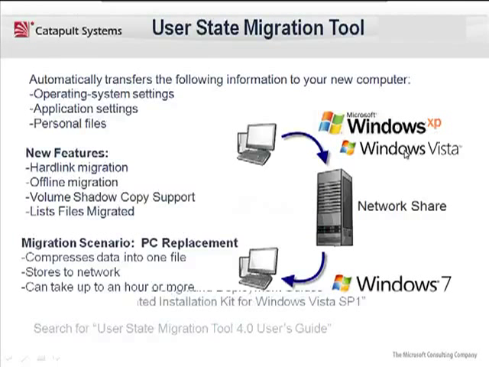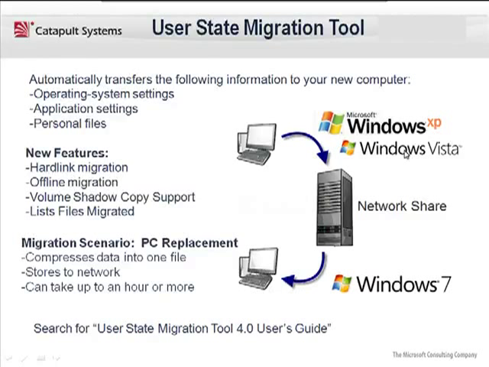As I mentioned earlier, user state migration is really one of my favorite topics in deployment, just because Windows 7 has a new feature that cuts migration times down significantly. Before I talk about that, I want to talk about the classic example of user state migration.